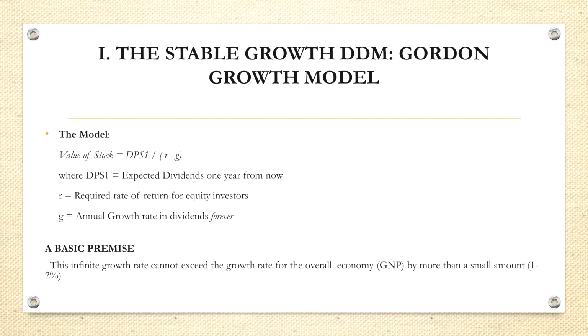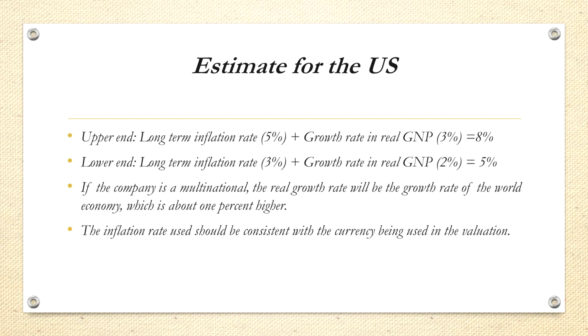But anyway, let's look at this constant growth model. This model is also called the Gordon growth model. And in this model, we have 3 inputs. The first one is next time period dividend, the second one is the required rate of return, and the third one is growth rate.